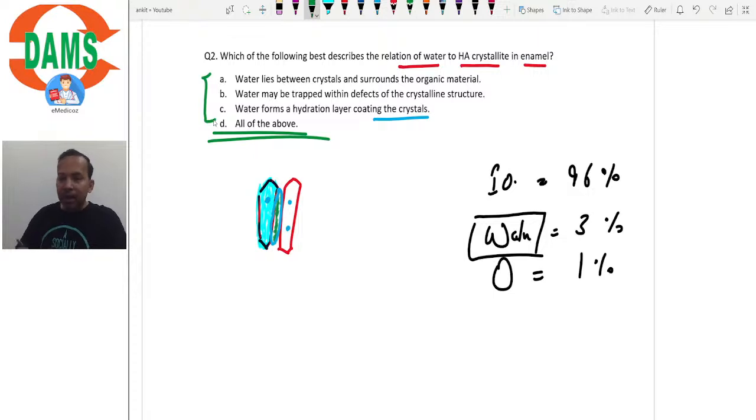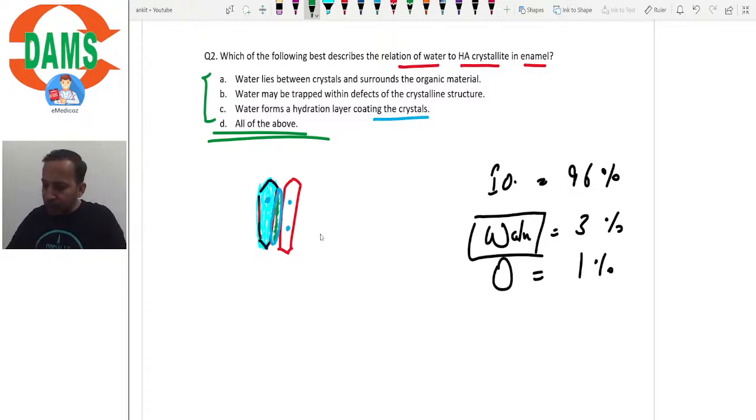Water in the enamel lies in these three spaces, and it helps in the movement of ions through the enamel. With age, its composition changes and its mineralization increases. When we apply fluoride from the external surface, the fluoride content of the enamel increases. So how does this fluoride ion travel through the enamel? It travels through these water channels.